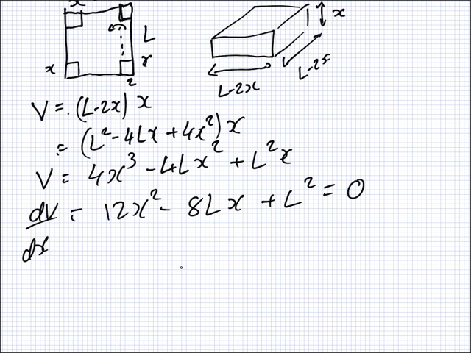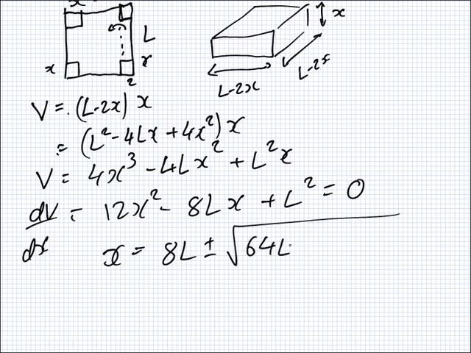Is that okay? Can we factorize? A little bit tricky too. I mean, we could try to factorize it, but no, I don't think it'd be possible. We'll have to use the formula. x equals minus b plus or minus the square root of b squared minus 4ac, all over 2a.